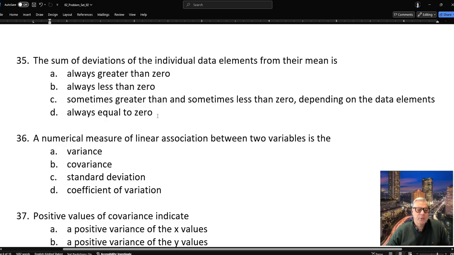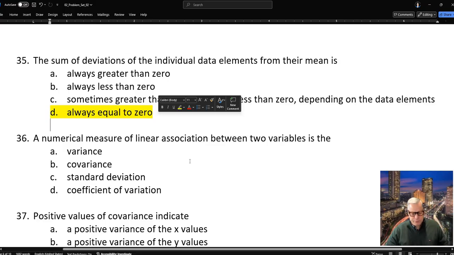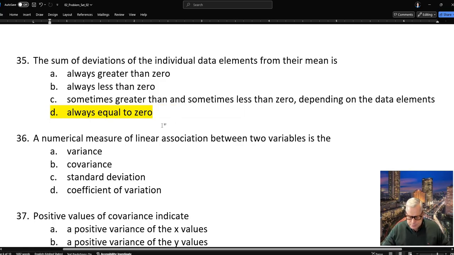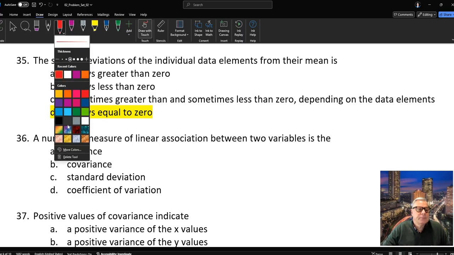No, it's always equal to 0. So the sum of all the deviations from the mean is always 0. And then just to give you again an idea, let me see if I can quickly pull up my tablet.